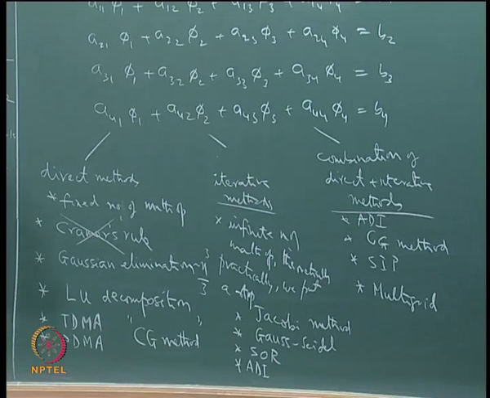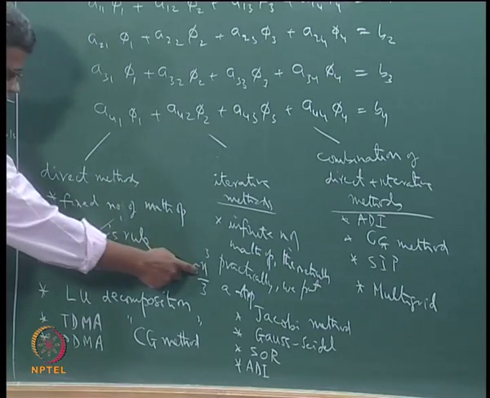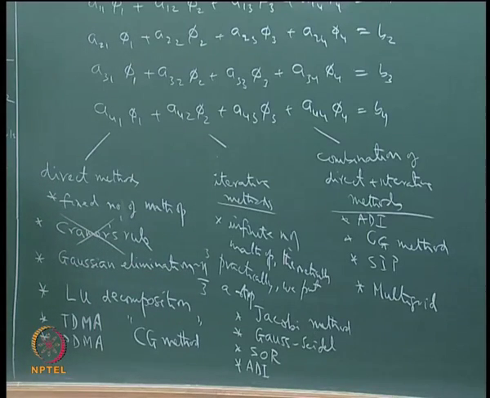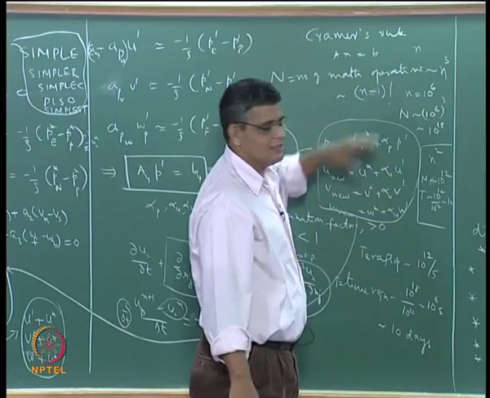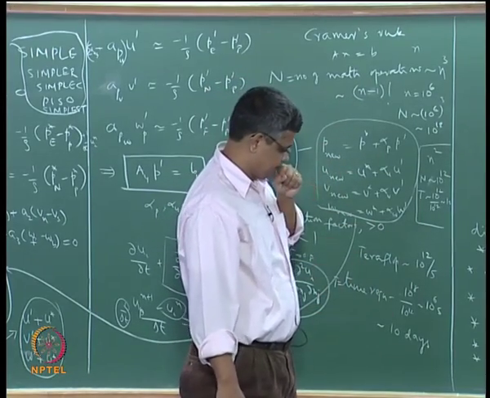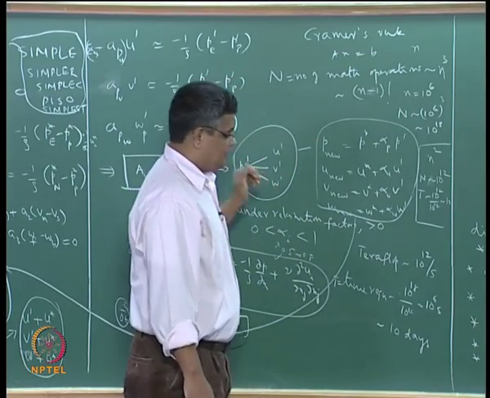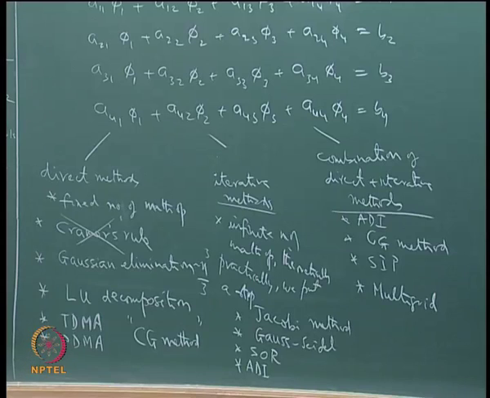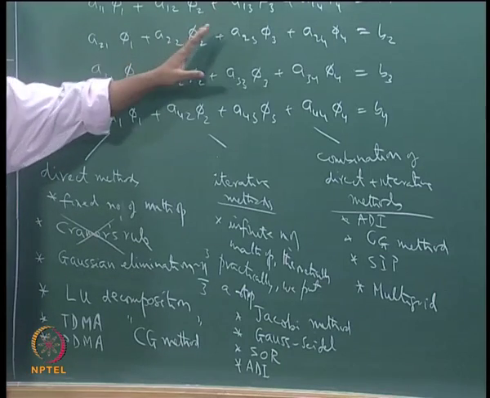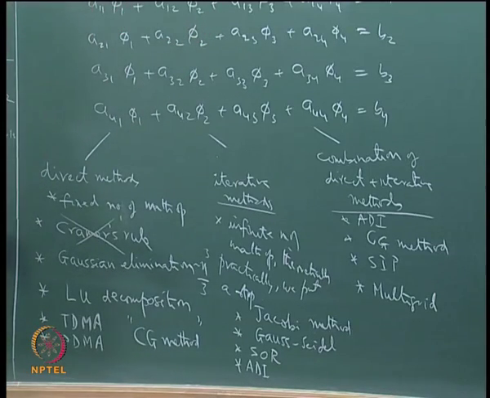So this is a method which will take a large amount of time, maybe 3 days for a million grid points in its most straightforward form. And although it takes such a long time for a large number of grid points, it is considered the best direct method for the solution of a general A phi equal to b type of equation.